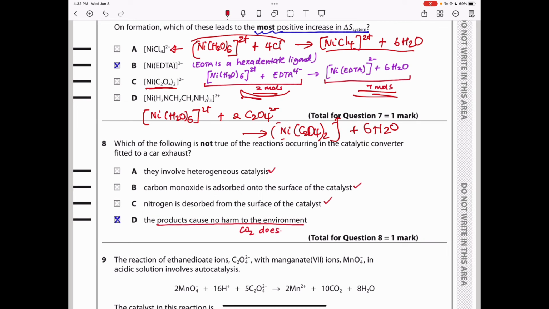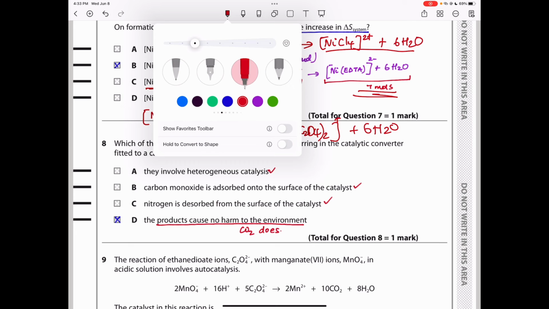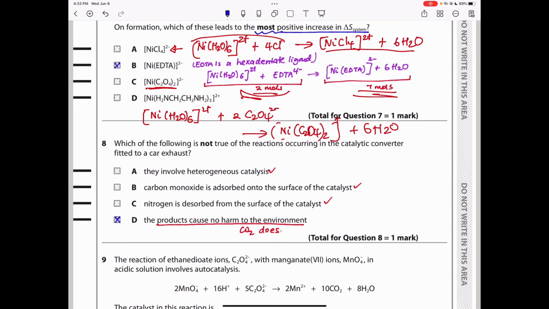Question 8. Which of the following is not true of the reactions occurring in the catalytic converter fitted to a car exhaust? The reason they use a catalytic converter is we want to avoid toxic gases being released to the environment. Usually the major reaction is where the oxides of carbon and nitrogen are converted to carbon dioxide and nitrogen.